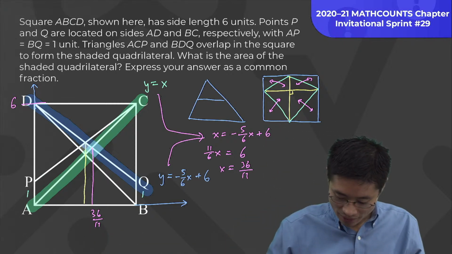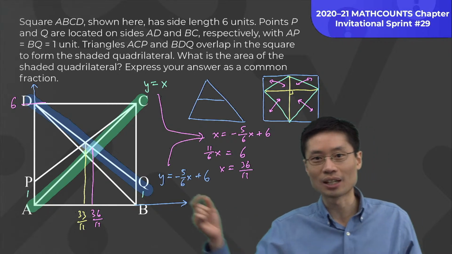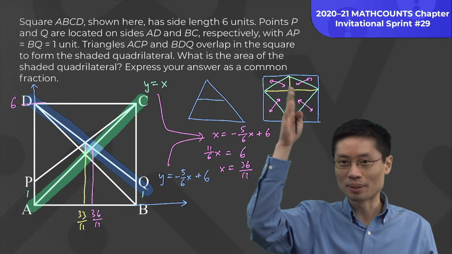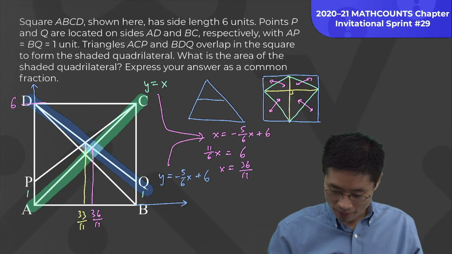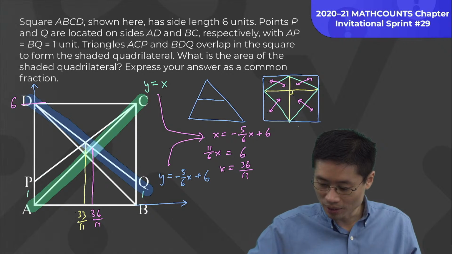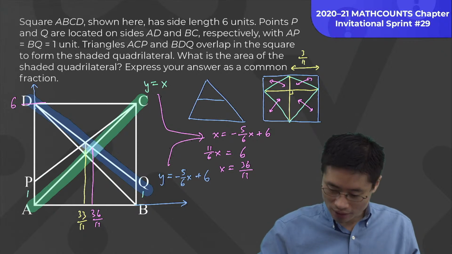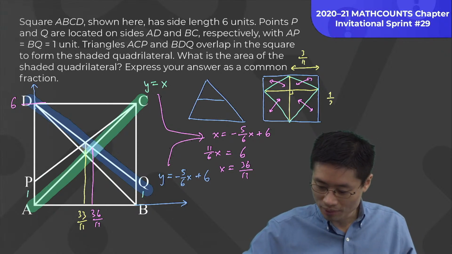Let's rewrite that. 3 is 33 over 11. And so I've suddenly found out that half of this is 3 over 11. So now I'm in this world where I know that this part is 3 over 11, and I know that the height is 1/2.